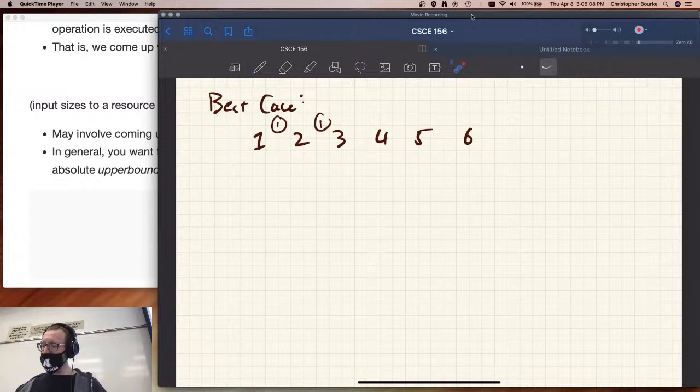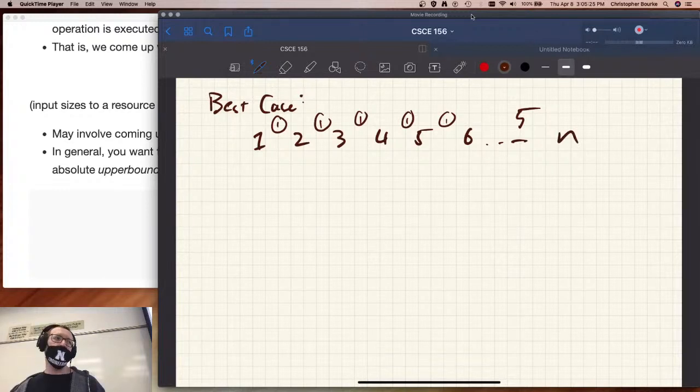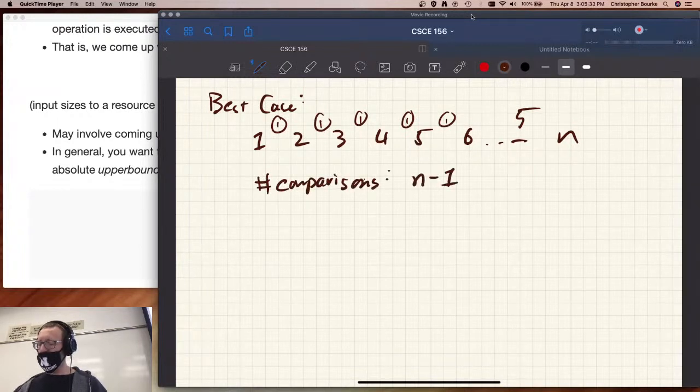And you can start to see the pattern emerge. 4 is where it needs to be, so I only make one comparison to find that out. I don't end up shifting anything. 1, 1, 1. How many in total here in this particular case? 5. If there were, in general, n elements, the best case scenario has how many comparisons? N minus 1. Right? So it looks linear to me in the best case.